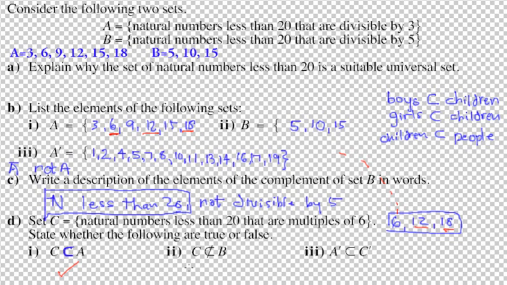Now, we have just the opposite of that. This is saying set C is not a subset of B. That means there are some members in this group that don't belong to group B as well. 6 is not part of group B, so right off the bat we know this one's true. That's saying not everyone who's in this group is a member of this group.